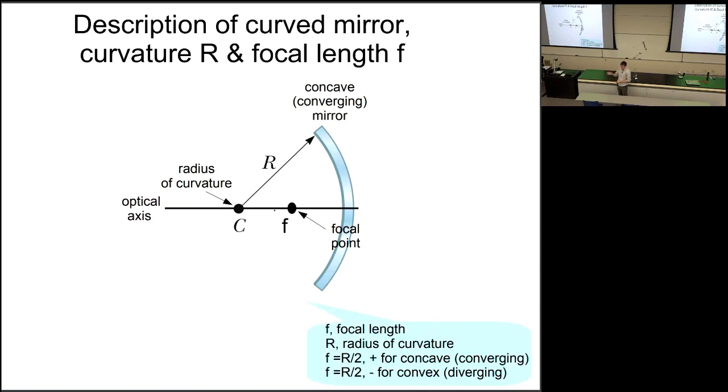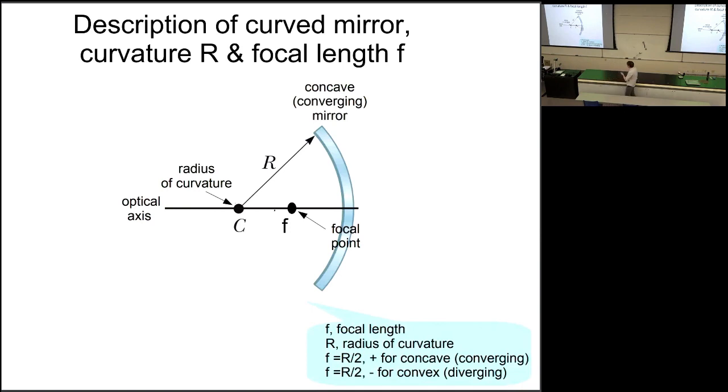Convex and concave are distinguished by either positive signs for the focal length and radius of curvature, or negative signs. And then within a class, within extroversion, the equivalent of the positive here, you can be very extrovert or just a bit extrovert. You could be very introvert or just a bit introvert.